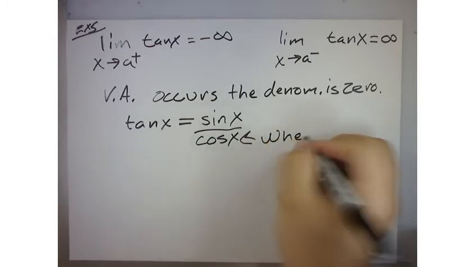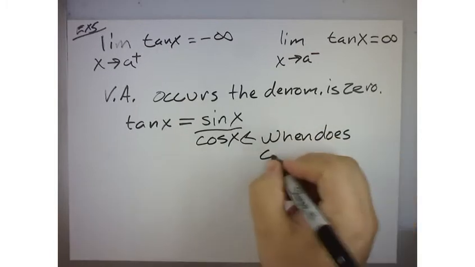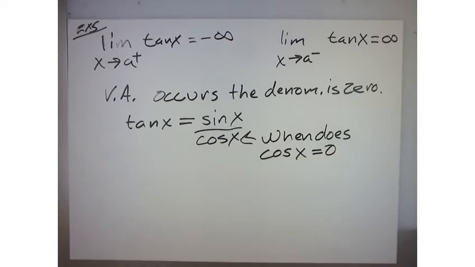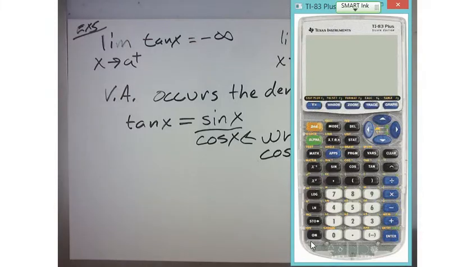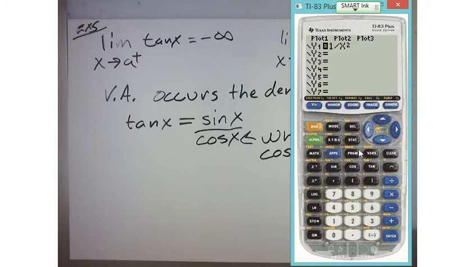When does cosine equal 0? Let's look and see. Let's graph it. I mean, we should know the answer, but let's graph it and look at the graph, and then we'll go from there.